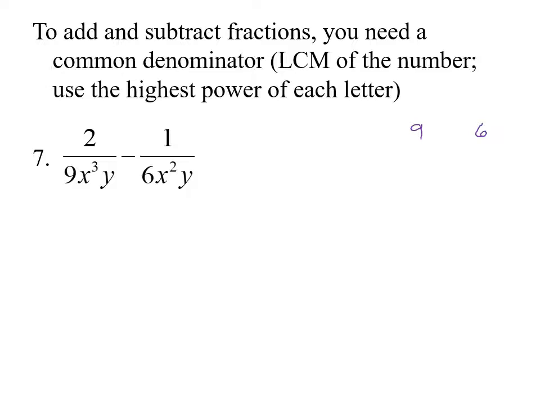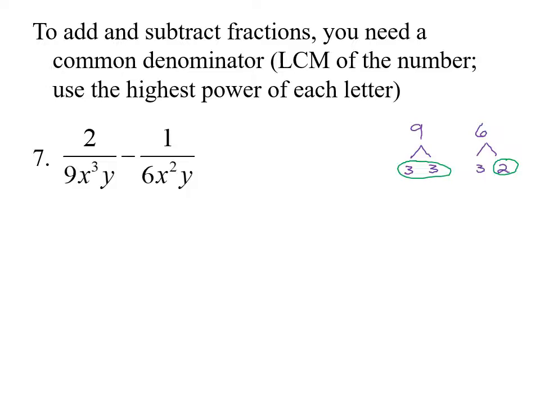You can also find it like this. 9 is 3 times 3, and 6 is 3 times 2. You can kind of split them up and then figure out the least common multiple by noticing I need to have at least 2 3s, and I have to have at least 1 2.